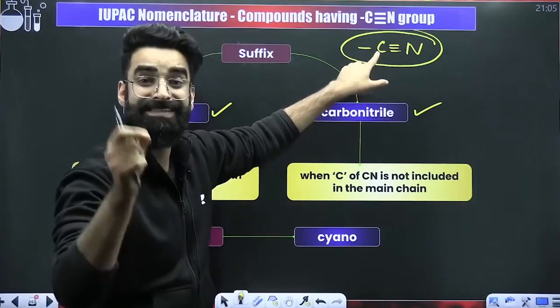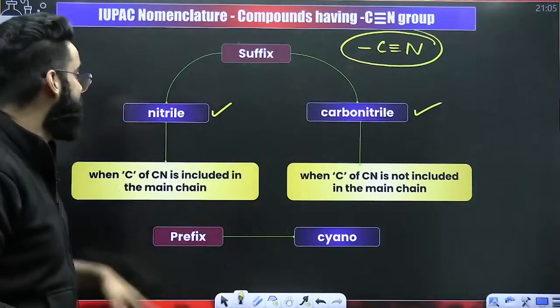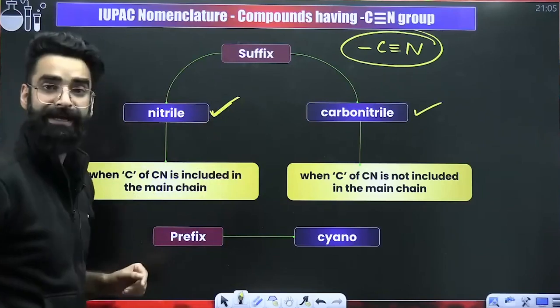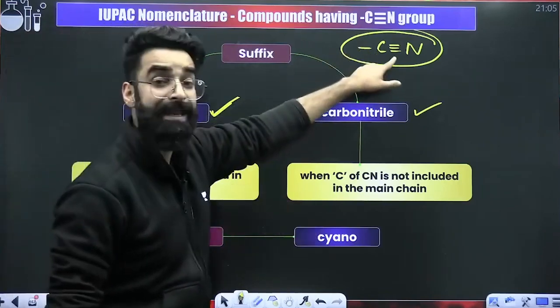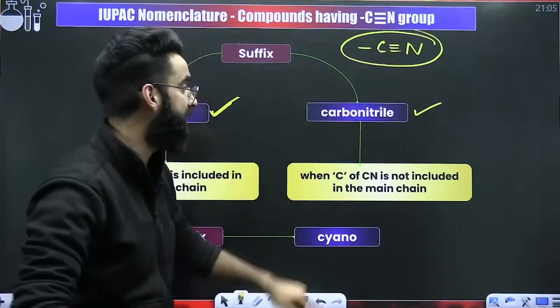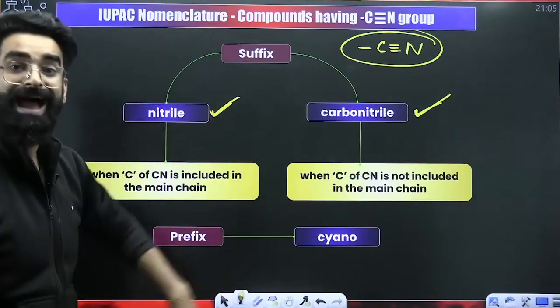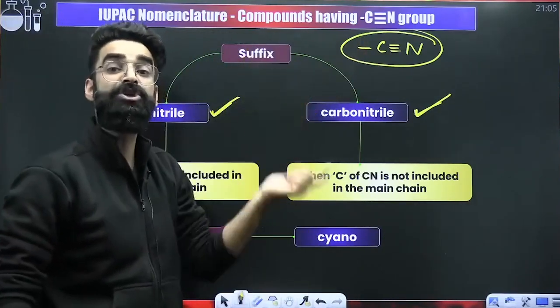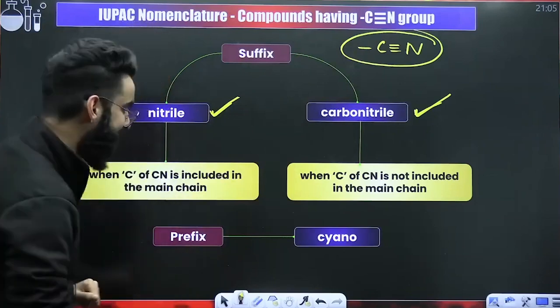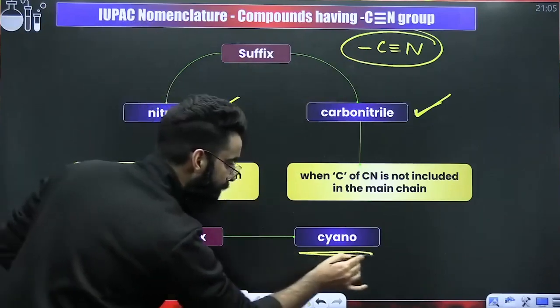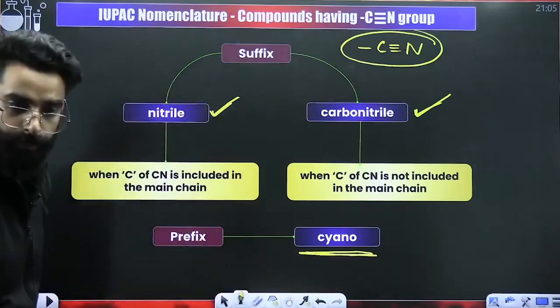If the carbon of the cyanide group is the part of main chain, then the suffix used is nitrile. If it is not the part of the main chain, then the suffix used is carbonitrile. And if CN has to be used as the prefix, then we'll be using the term cyano.